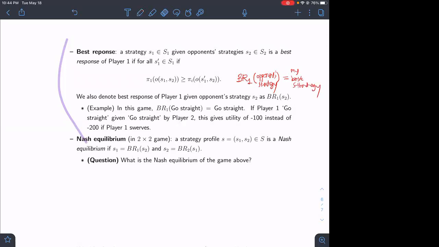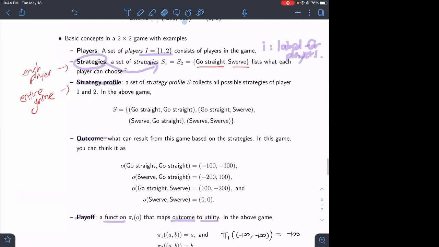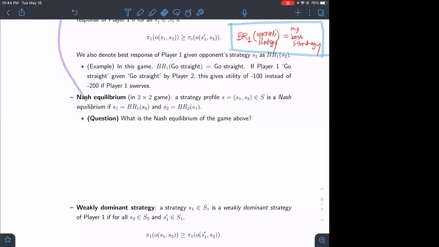So the domain of this function is a strategy, but it is the opponent's strategy. The range of this function is a strategy, but my strategy, because this is my best response. If the professor uses this notation, this is essentially the same as making dots in this table, because this is also a function. Based on this go straight of idiot 2, my output, my best response, is go straight. So either notation is fine. The one that I give you here might be useful in the exam, but when you communicate in class, you might be using this function notation, but they're essentially the same.